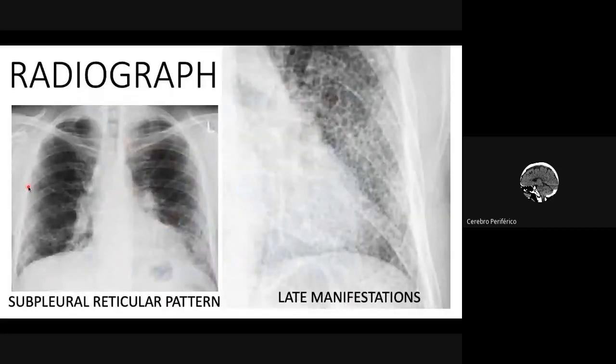So then the radiograph is not the best diagnostic method to end up thinking about a pulmonary interstitial disease, but perhaps in the late phases and with all the elements of the clinical evaluation, you can have a high degree of suspicion.